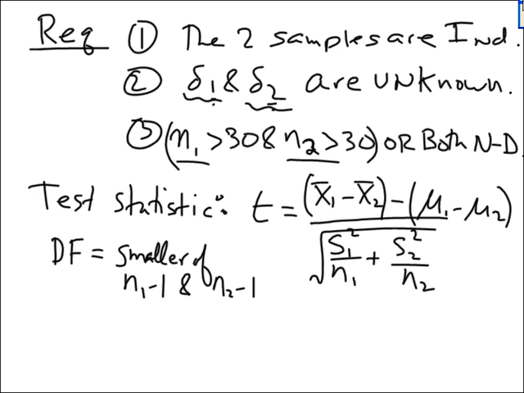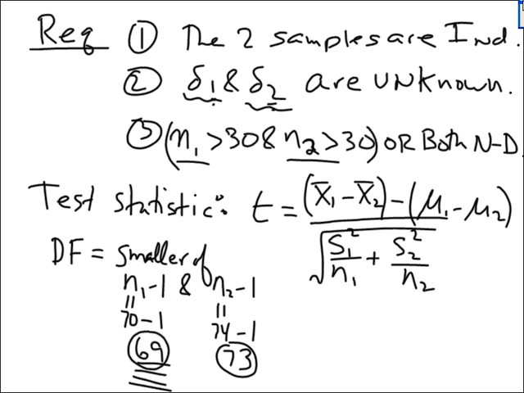What does that mean? For example, if N1 was 70, N1 minus 1 would be 69. And if N2 was 74, minus 1 is 73. We would use the smaller of those two, which is 69 in this case.